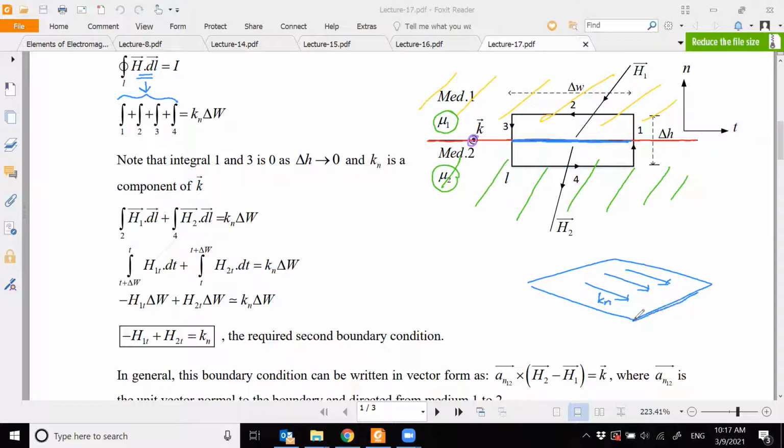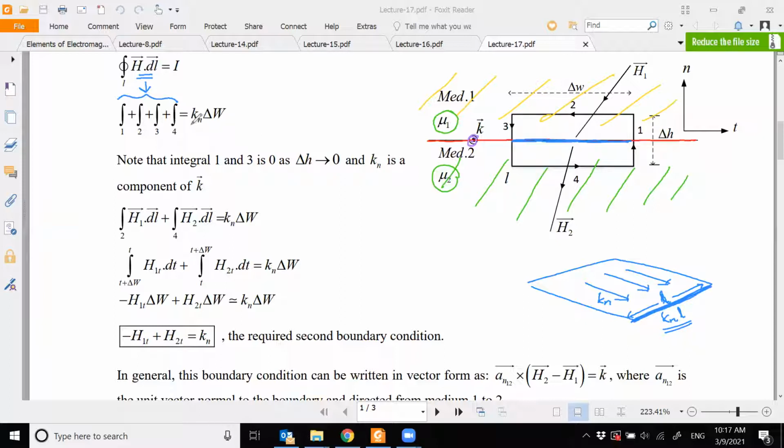You find the current by multiplying the component which is normal to this line, so Kn, by the length of this. Suppose the length is L, so it is Kn times L. This is what we did there. So we follow the same thing.